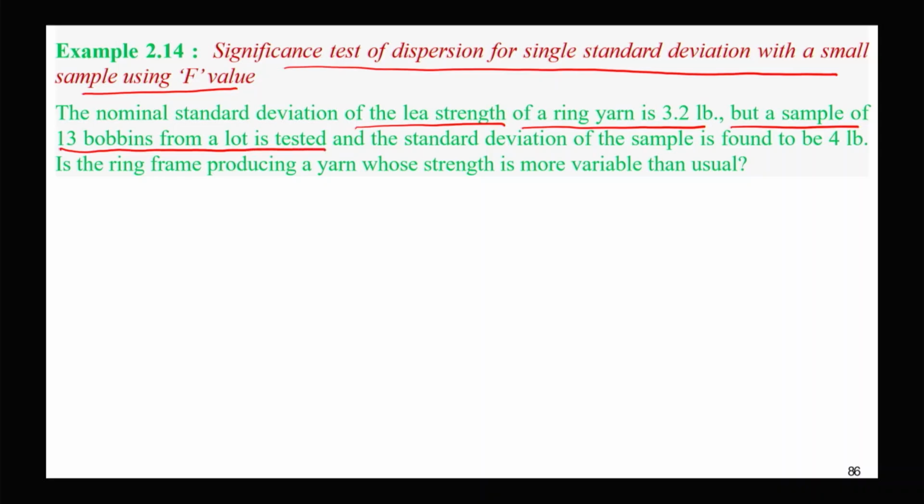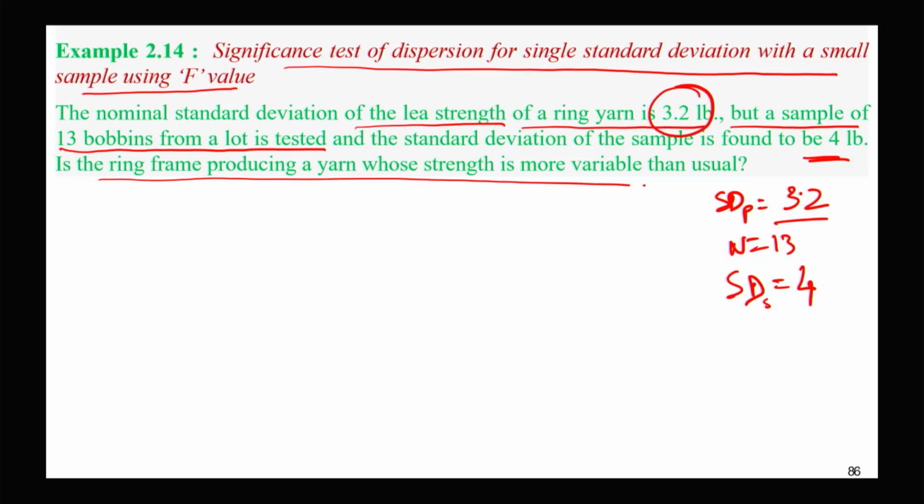So nominal, that is population standard deviation, is 3.2, and n is 13. We have tested 13 bobbins and we have got the sample standard deviation as 4. Now we have to test whether this is actually producing a significant result or not.